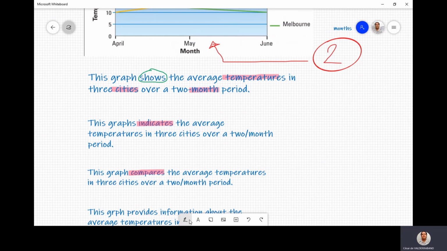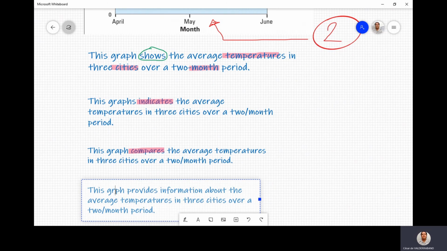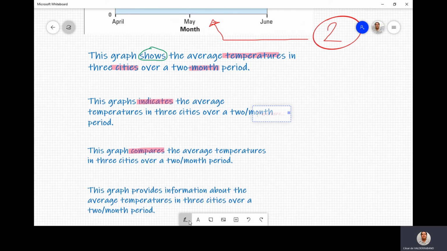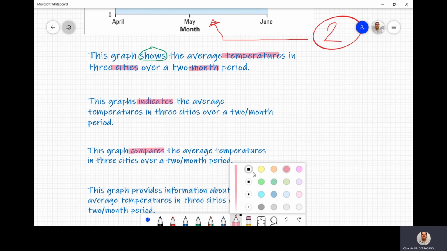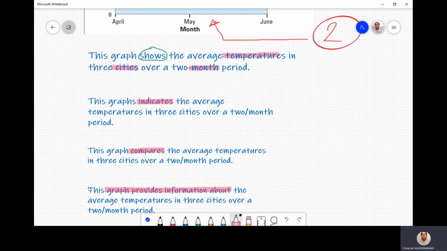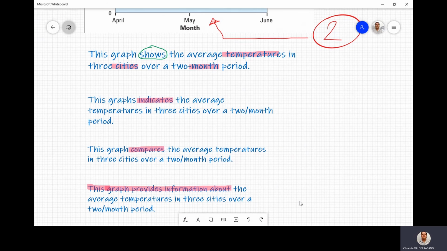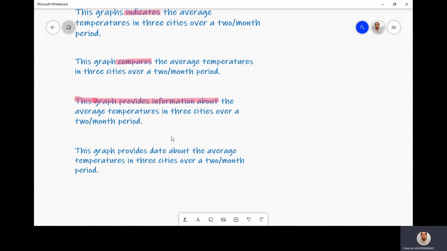In the following graph, the introduction provides information about. Look at that. This graph provides information about. This is the right way you have to start the introductory, introducing the graph.